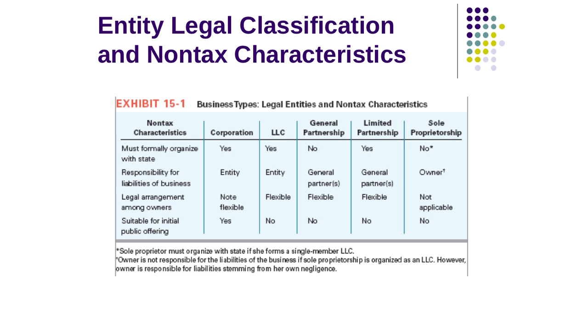So this table comes directly from the textbook, and it's a good little summary chart because whenever we get ready to talk about these different entities, it's important to understand the legal and non-tax aspects of these entities and then compare them to the tax aspects of those entities.